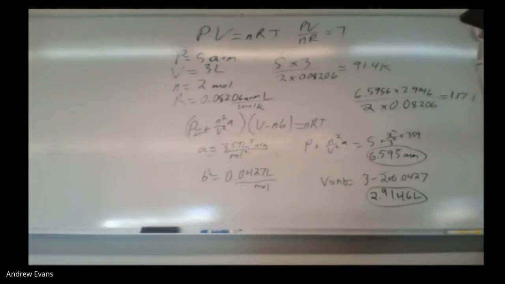If I compare that to my ideal, it is close to a 22% error. That's a 22% difference between the van der Waals and the ideal under these conditions.